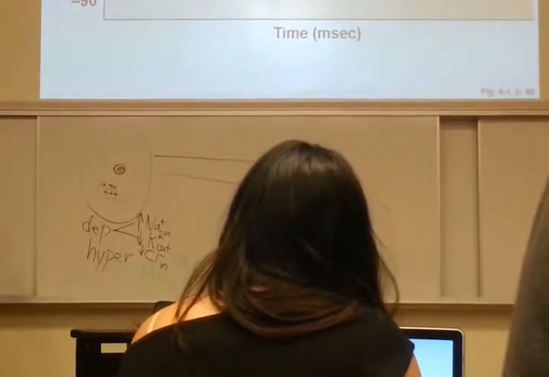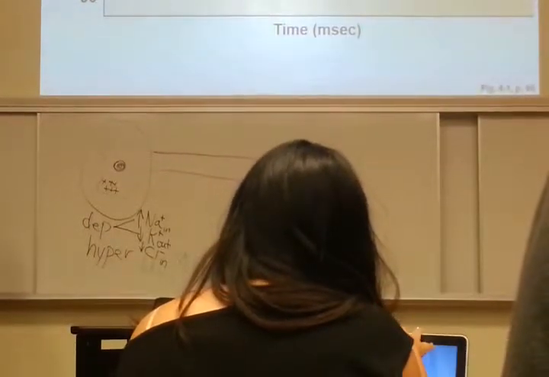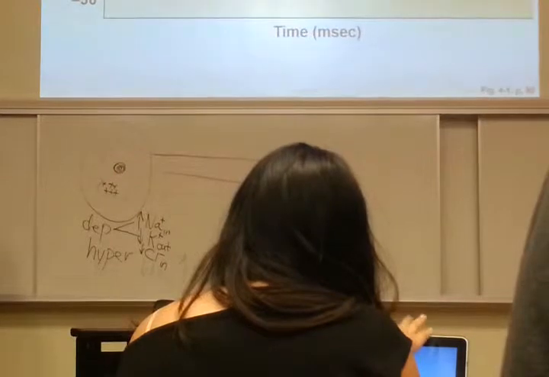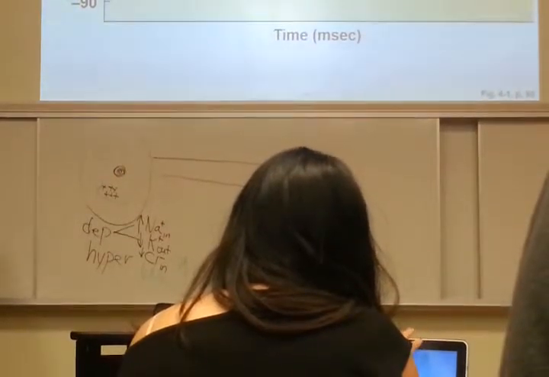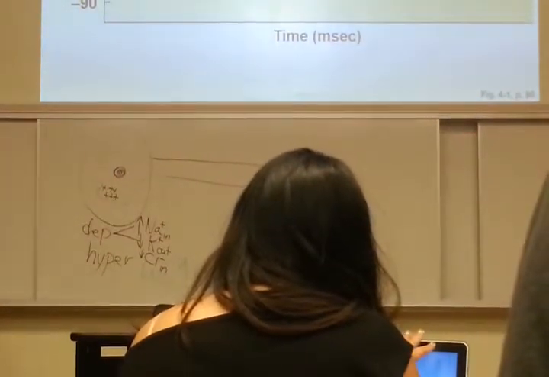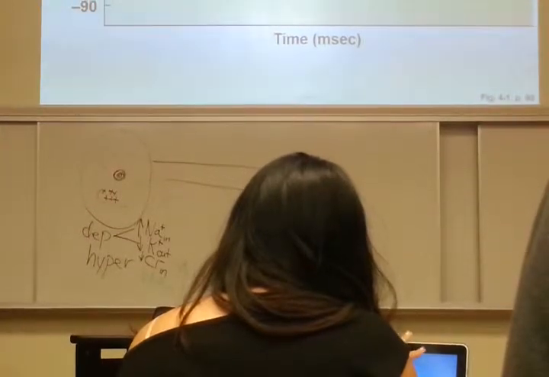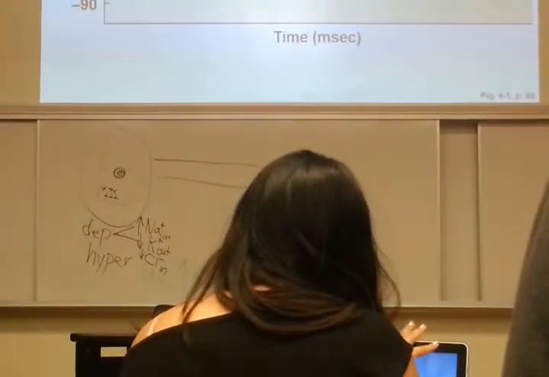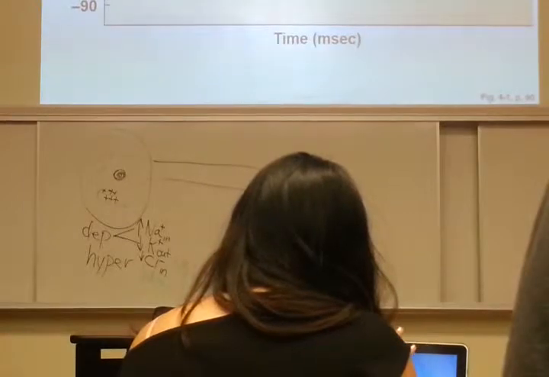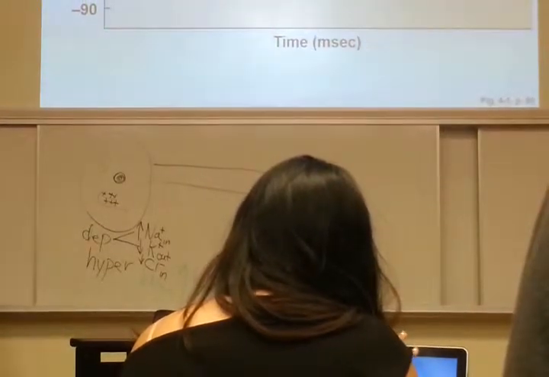Probably not that. You could poison the pump, but then it'd never work for you again. So what are you going to do that won't damage your cell? Won't irreversibly change the function of your cell. It's a reversible change.